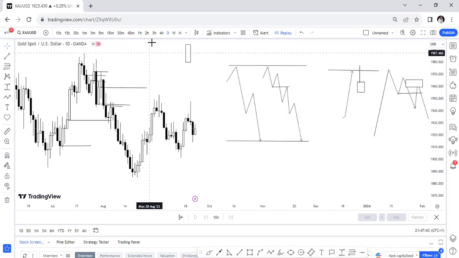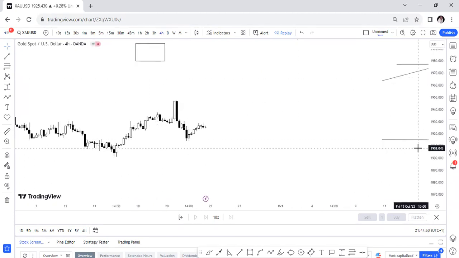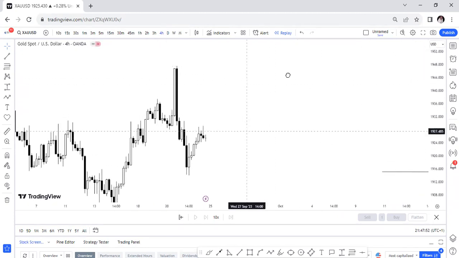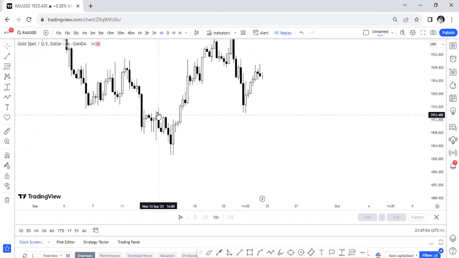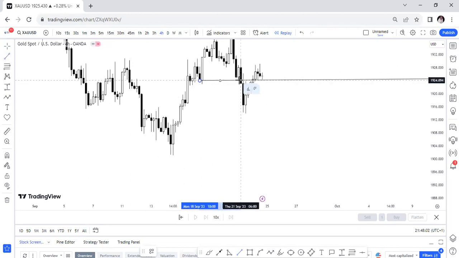If you are trading on 4 hours, for example, this is a fresh level of SNR here that has been broken. Can you see it? That has been broken. Then what happened? Price tapped back into it.